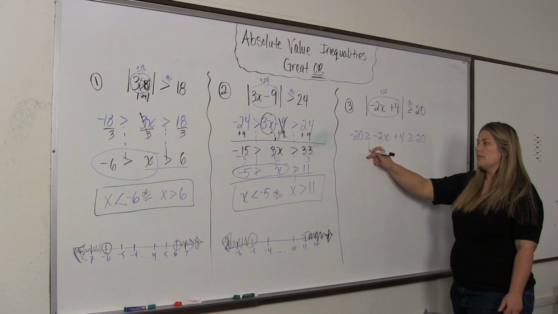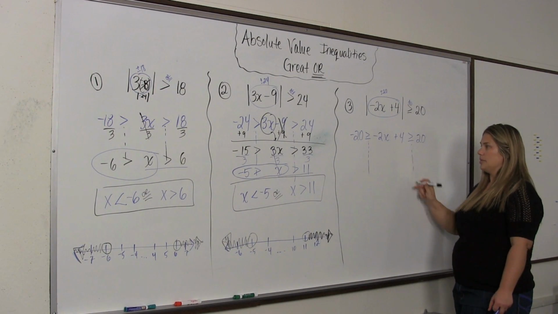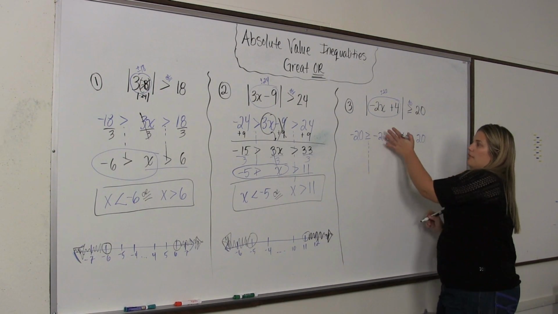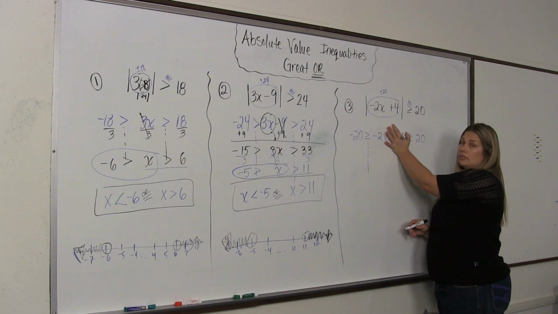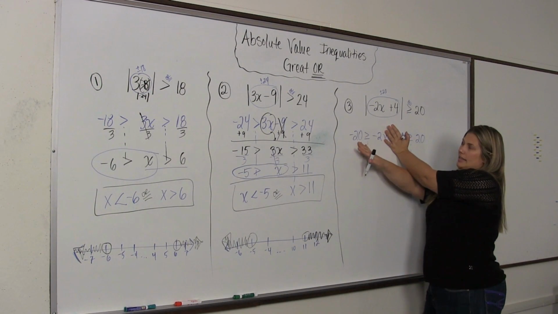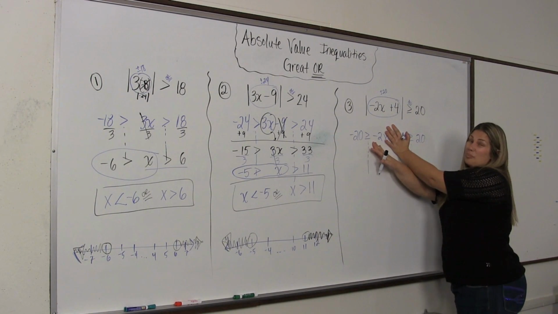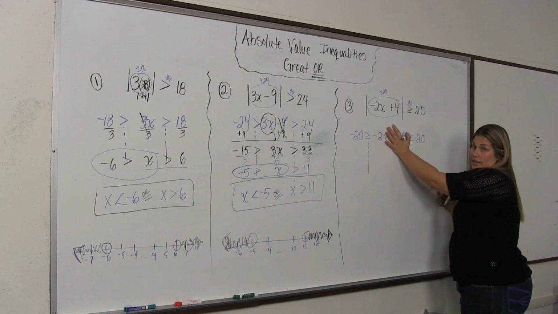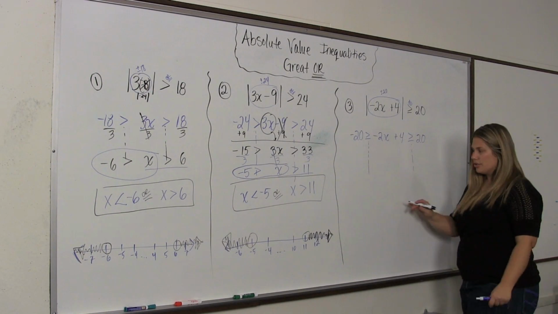And now we're going to solve this inequality exactly the same as we always have. Remember, if I cover up what's in the middle, it should be true. If it's not, it's going to have to split at the end. This is saying negative 20 is bigger than positive 20. Well, that's not true.